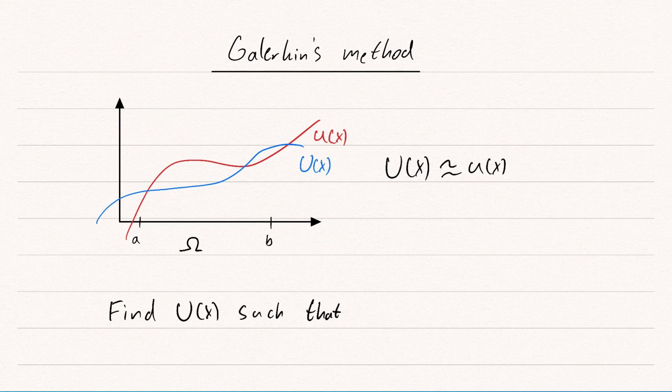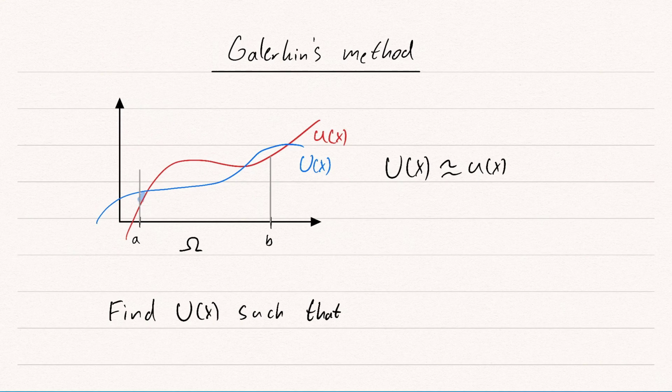So the keyword is on average. And average means some sort of area. So we're looking at basically the area between these two functions right here. Let me color this in, and change the color to blue.